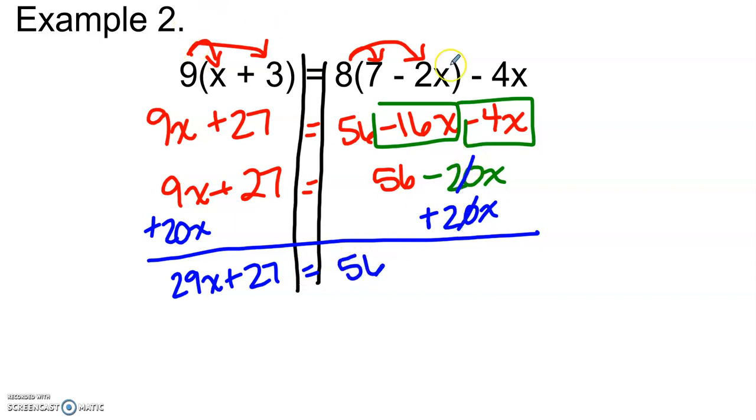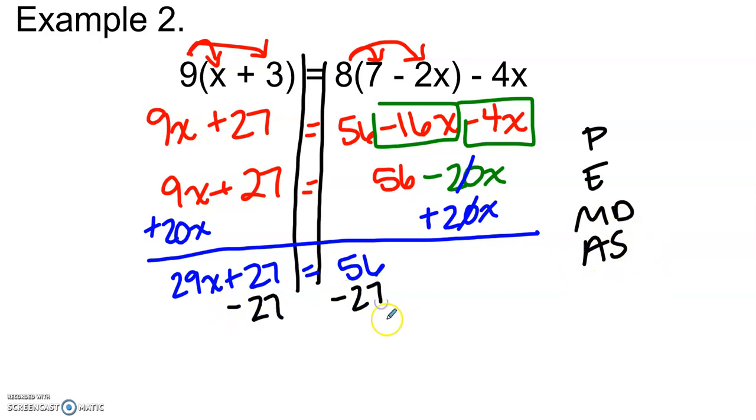And so now we have a two-step equation working through our PEMDAS backwards order of operations. So starting with undoing any addition and subtraction, we'll subtract 27 from both sides of the equation. We're left with 29x equals, that's 3 is 30, so 29.